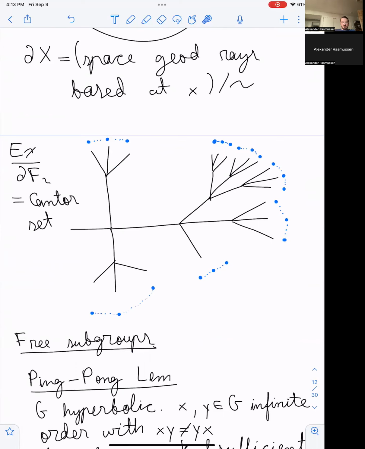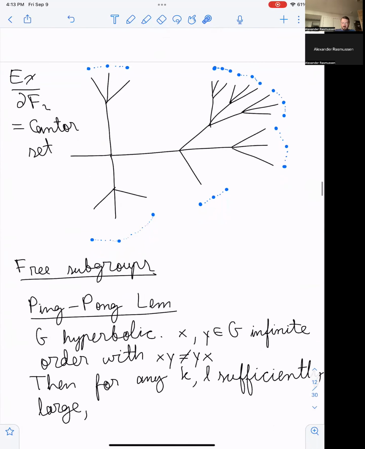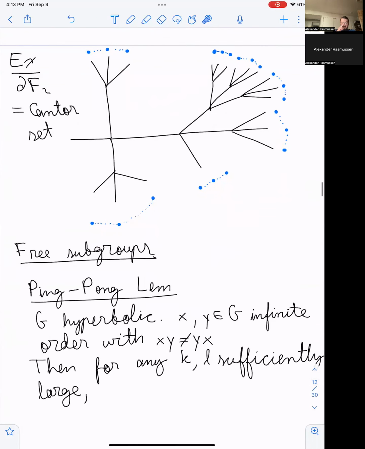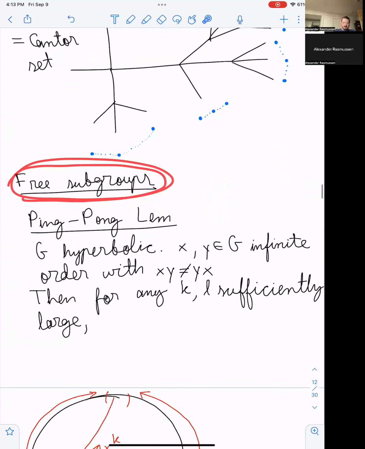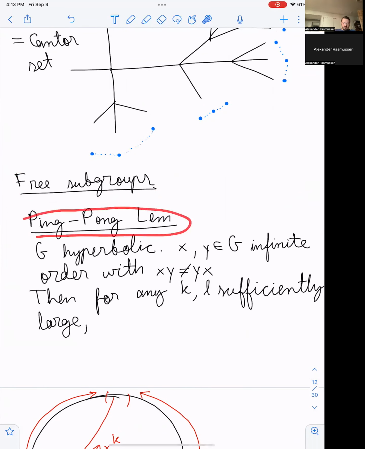What else do we get from hyperbolicity? Well, we can say something about subgroups, for instance. So we get free subgroups pretty quickly, and this is coming from this famous ping pong lemma. So you have a hyperbolic group G and 2 elements, X and Y in G, which are infinite order and which do not commute.